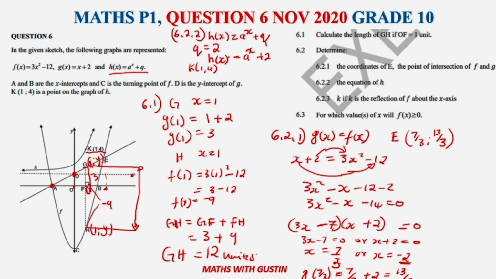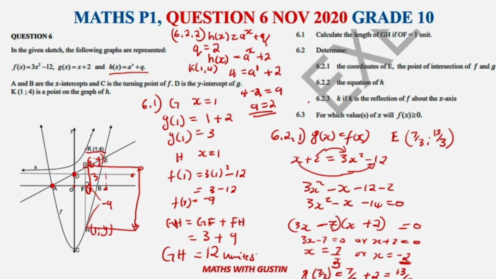So we can substitute k here, and then we know that y is equal to 4, x is 1, so 4 equals a to the power 1 plus 2. Therefore, we can solve for a. Take 2 to that side: 4 minus 2 is equal to a. So a is equal to 2.